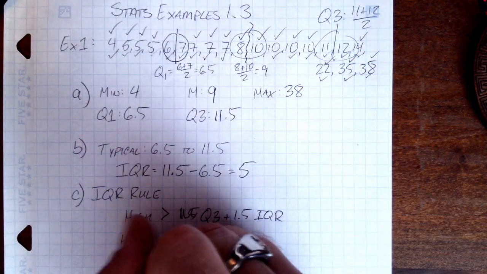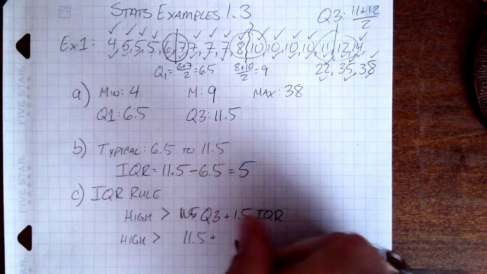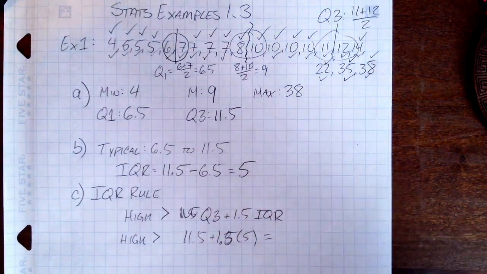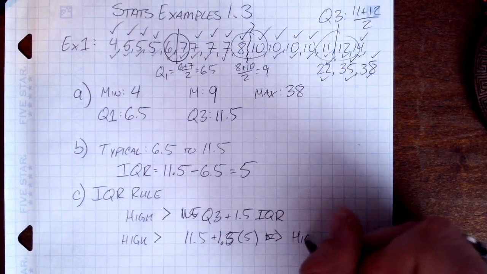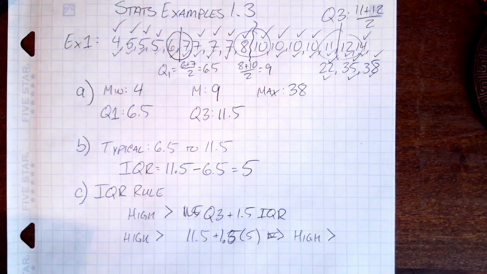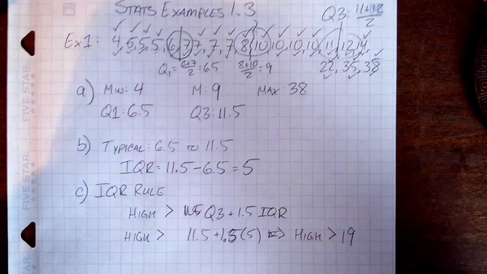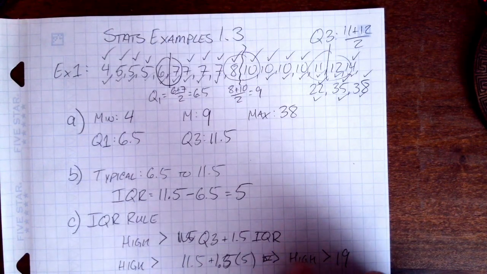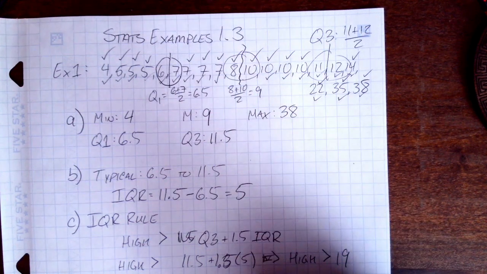So anything that is a high outlier is going to be bigger than 11.5 plus 1.5 times 5, or 19. Anything over 19 is an outlier, and looking through our list, that means that 22, 35, and 38 are high outliers.